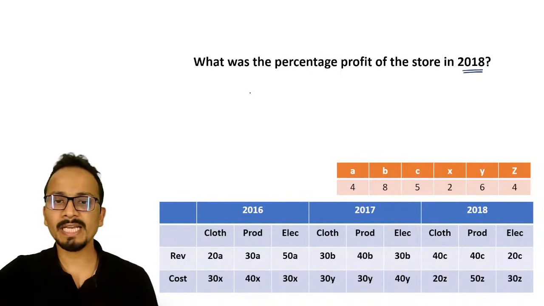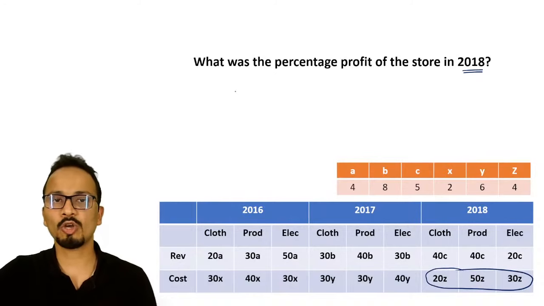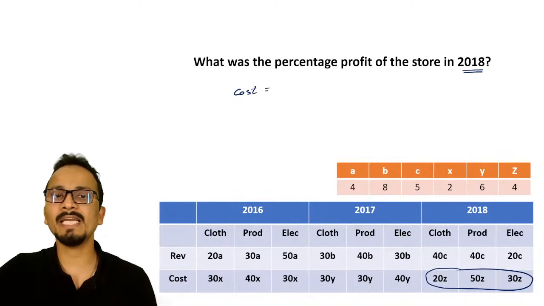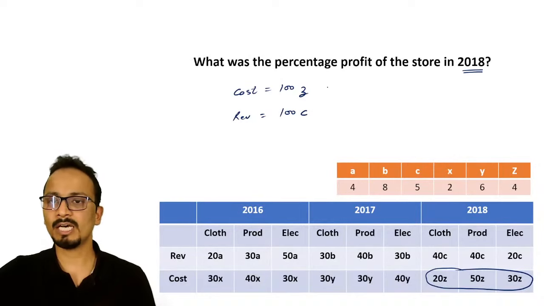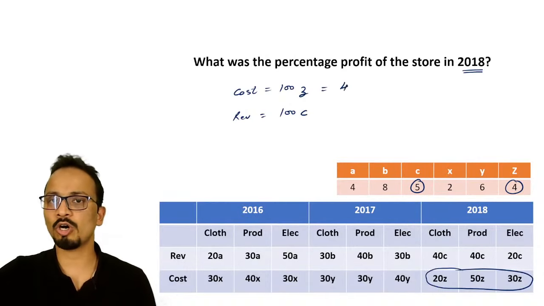Now for 2018, I need to calculate the profit percentage. So I look at first of all the cost. Now cost for 2018 is 100Z and revenue for 2018 is 100C. Now the value of Z is 4 and the value of C is 5. So Z का value 4 put कर दो, cost will be 400 and value of C is 5, revenue is 500.